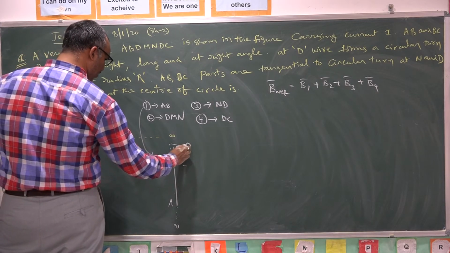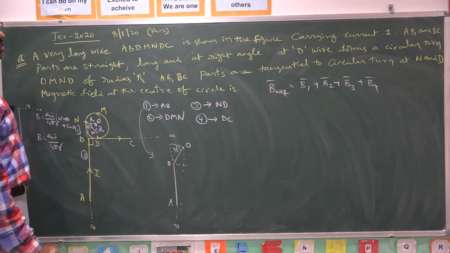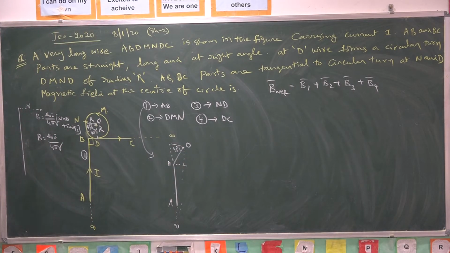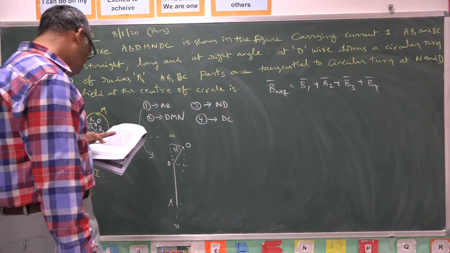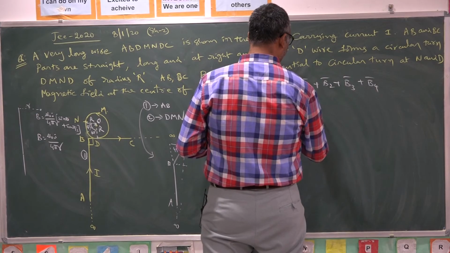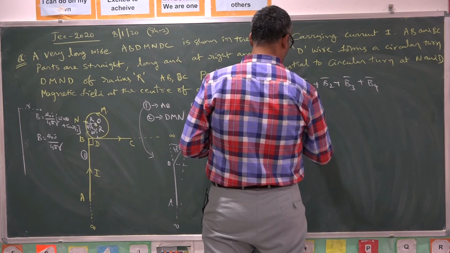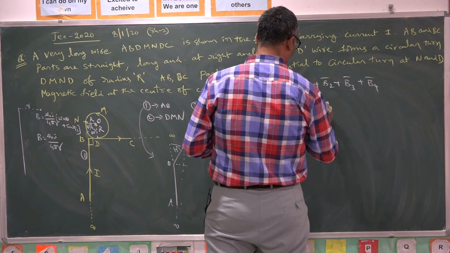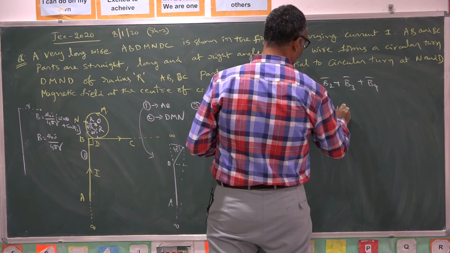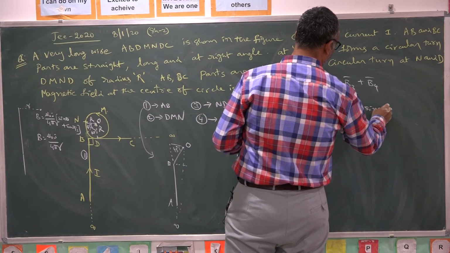The other end, if I extend, it will make an angle tends to 90. So field due to first one is given by mu naught I by 4 pi r into sin minus 45 plus sin 90.